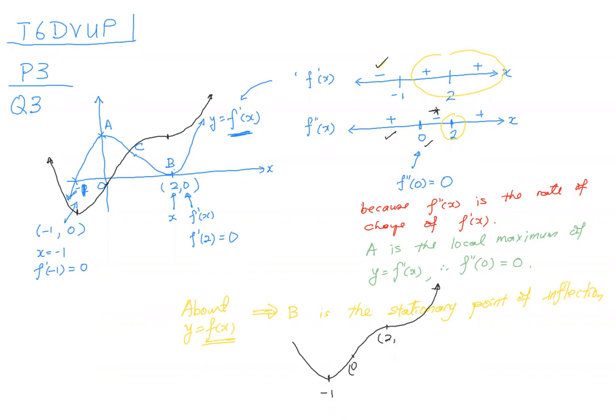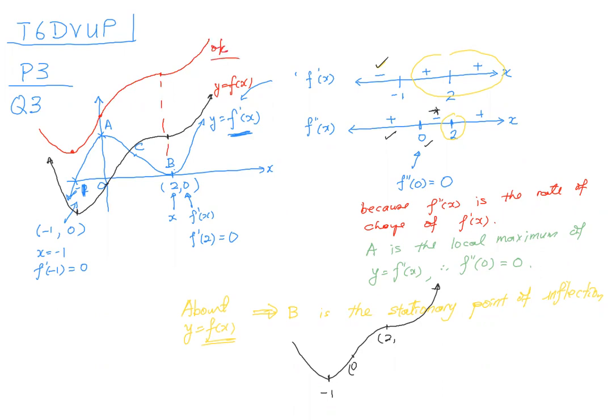If your graph is here, this is y equal to f x. If your graph is this way, I still will give you full mark. You understand? This is okay also.